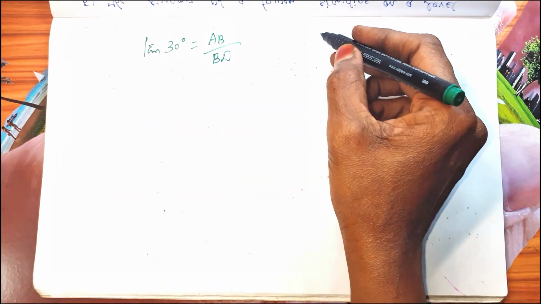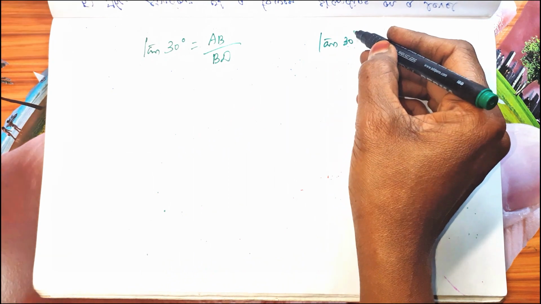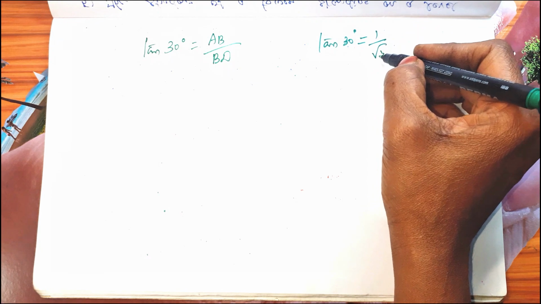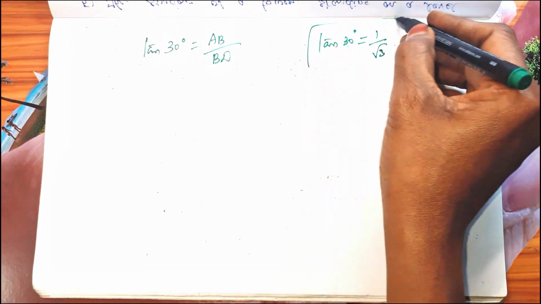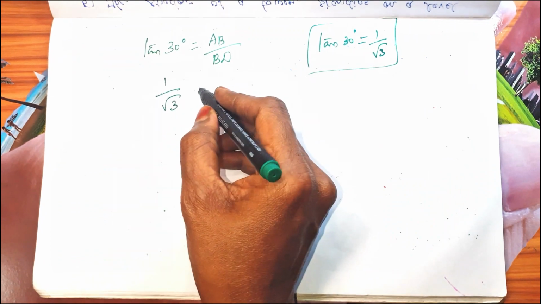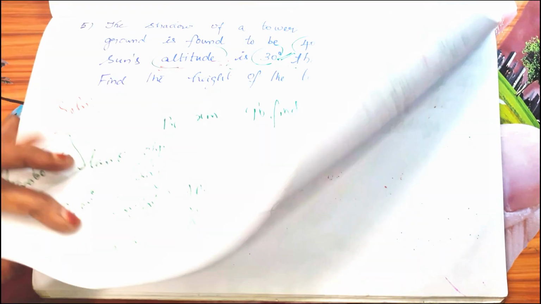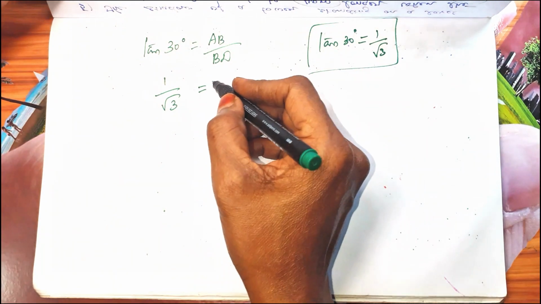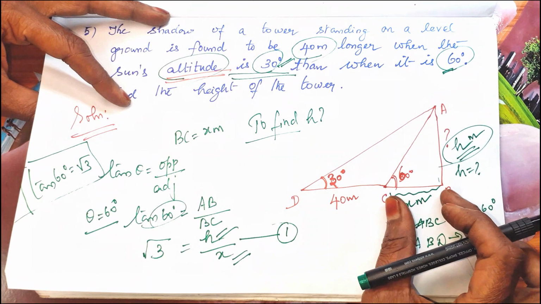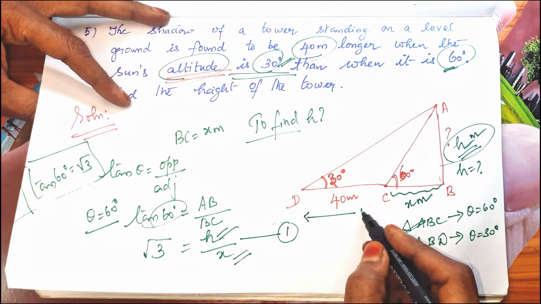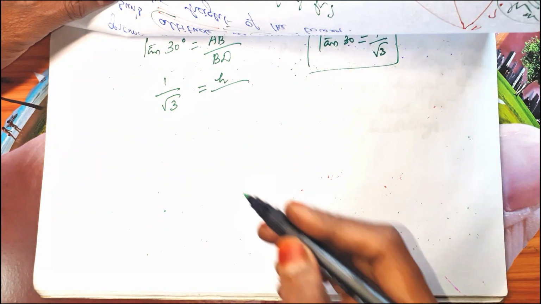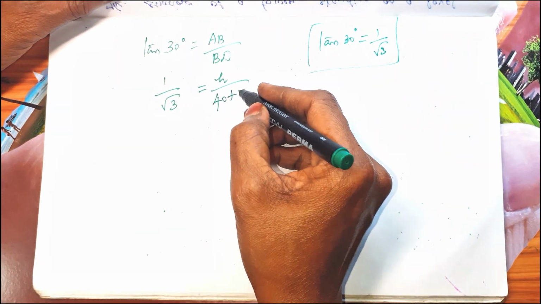What is the value of tan 30? 1 by root 3. So tan 30 is equal to 1 by root 3. On the right side, AB we have taken as h, by BD. This distance is 40 and this is x. So the total distance is 40 plus x.